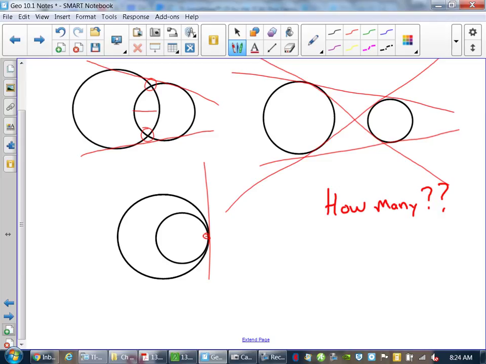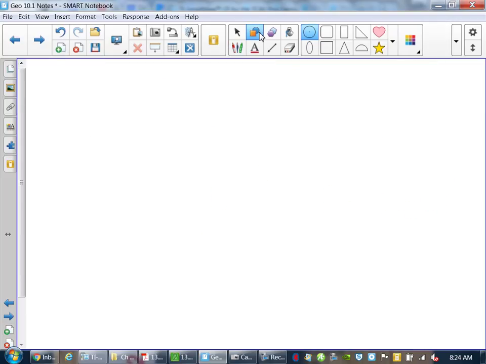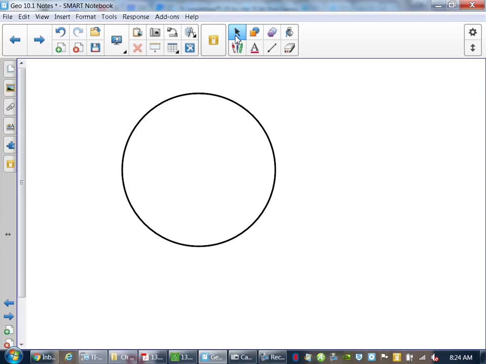Okay, here's a $1 million question for you. How many non-overlapping segments can you draw inside of a circle?